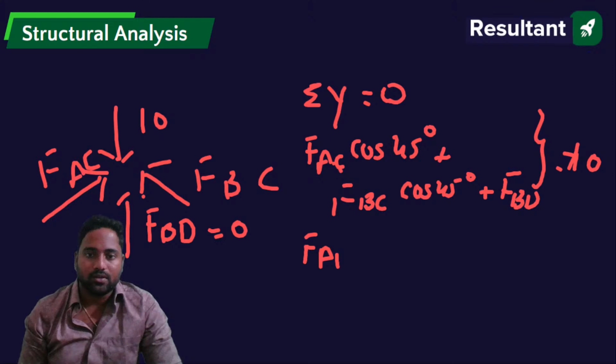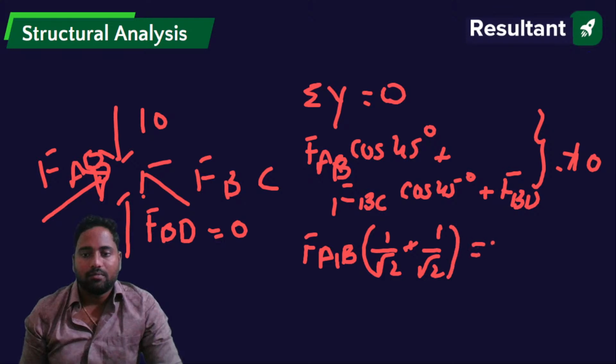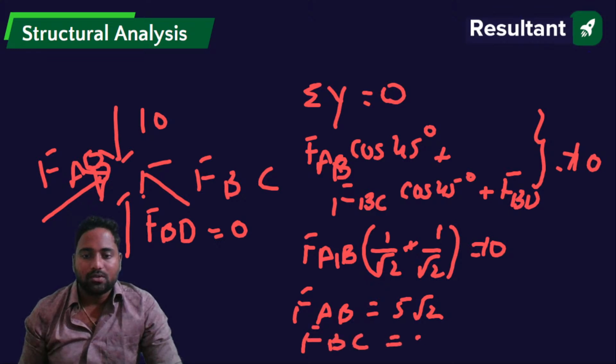Okay, sorry. So FAB, and just now we have seen FAB equals FBC. So you can write FAB multiplied by 1 by root 2 plus 1 by root 2 equals 10. So this is 2 by root 2. From this you can write FAB equals 5 root 2. Similarly, FBC is also equal to 5 root 2.